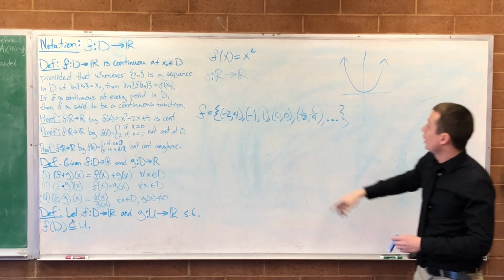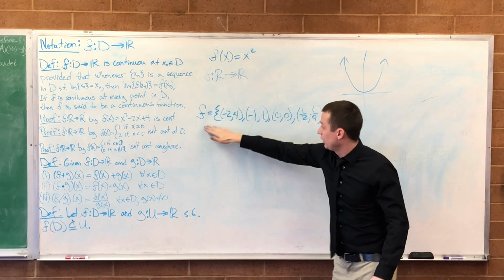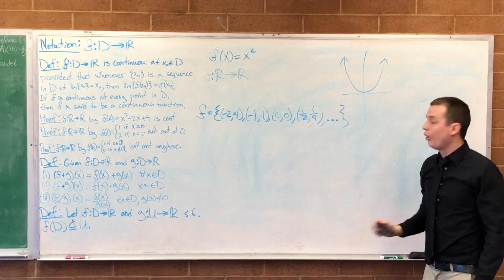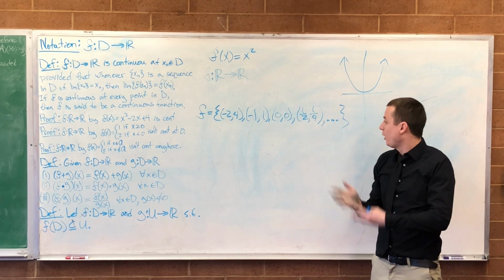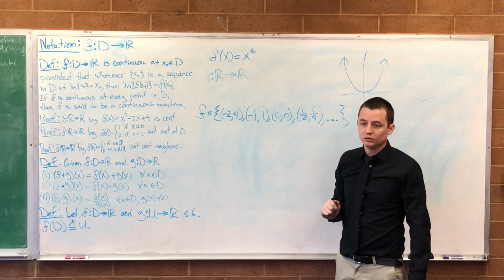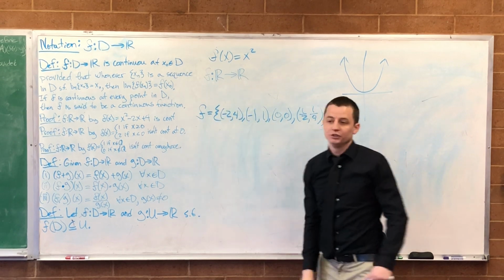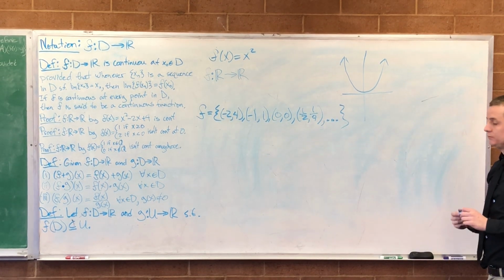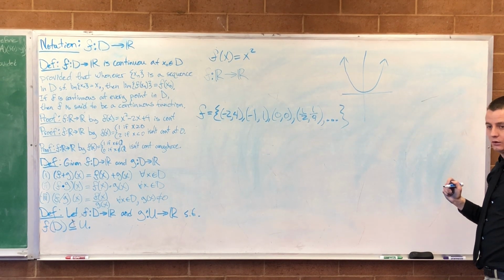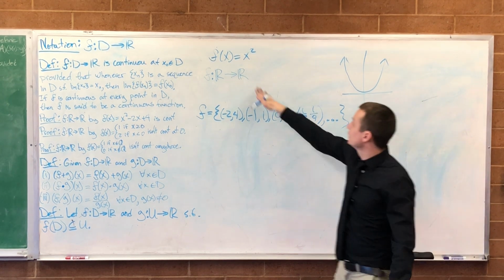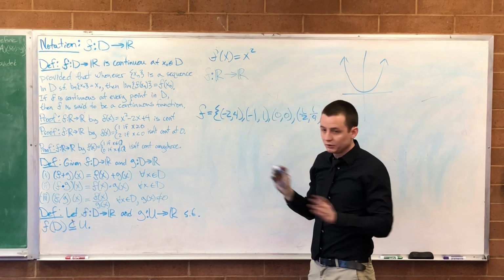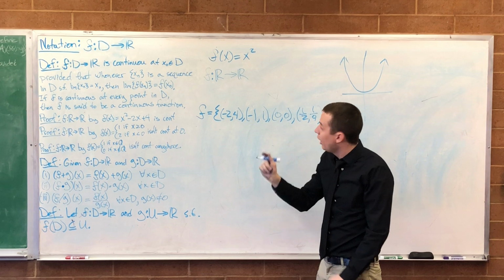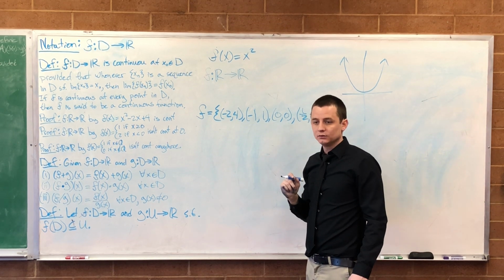So, when we're talking about f of x equal to x squared, what are all the right-hand values going to be? What are all the possible numbers I could get out of this function if I can plug in any real number I want? Well, can I ever get a negative number? No, so I can't ever get a negative number. Is there any positive number I can't get?